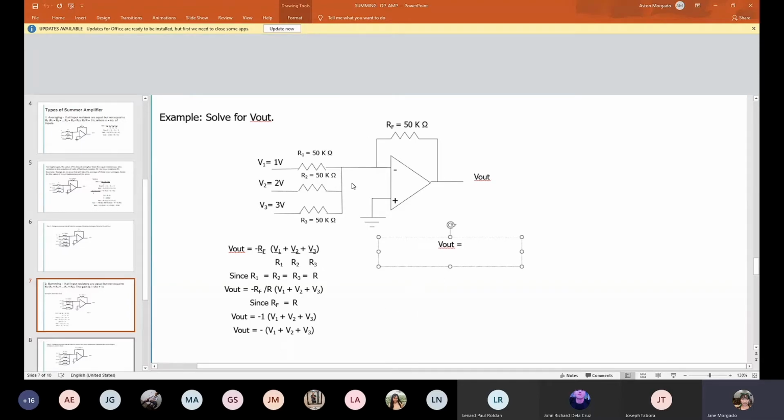So, negative V1, 1 volt plus 2 volts plus 3 volts. So, ang sagot dyan, uy, mahiya kayo, sumagot kayo. Negative 6 volts. Ay, hindi ba kayo sasagot? So, we have negative 6 volts.